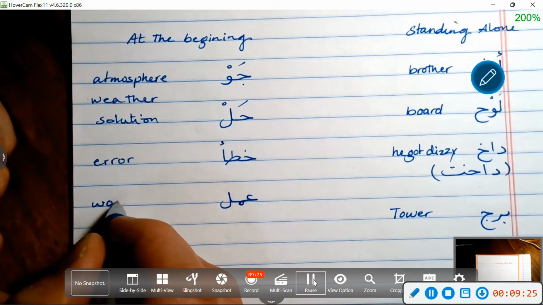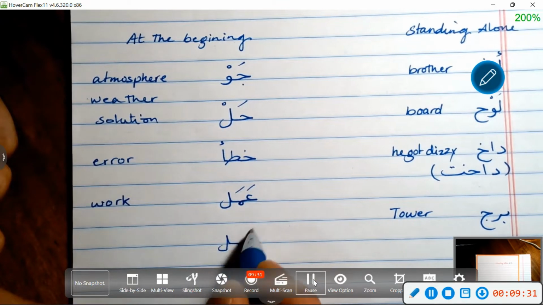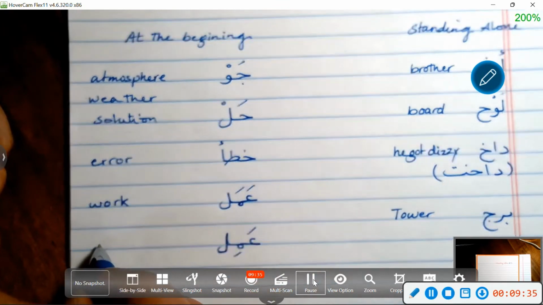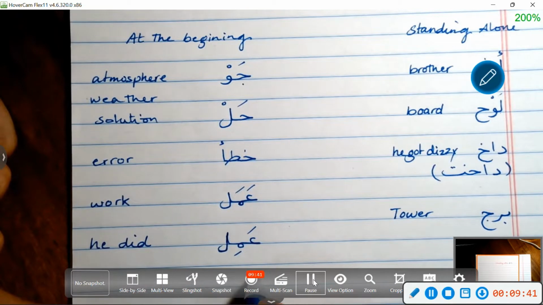And don't confuse عمل with عمل. عمل, it means he did. And if you want to also see the feminine form, we add تاء مفتوحة and it becomes عملت, she did.